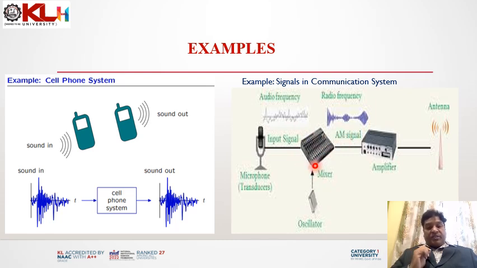Again, this mixer is a system. Finally, this modulated signal is amplified by an amplifier, which is another system. And this amplified RF signal is then given to the antenna, which is again another system. So in basic transmission of signals in a communication system, we have multiple systems and multiple signals.